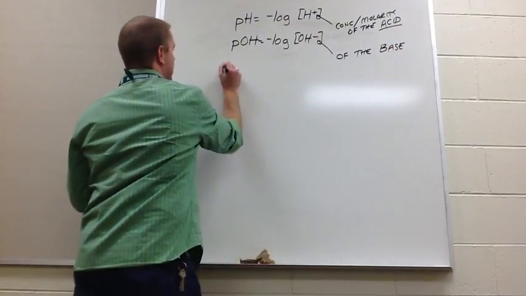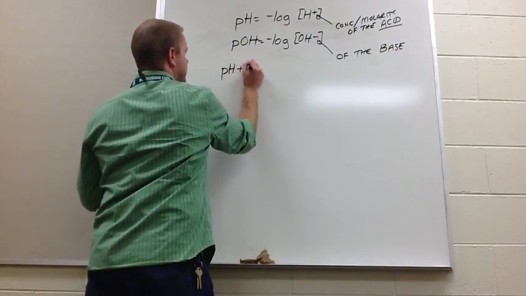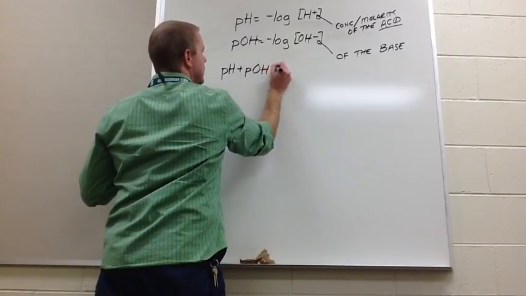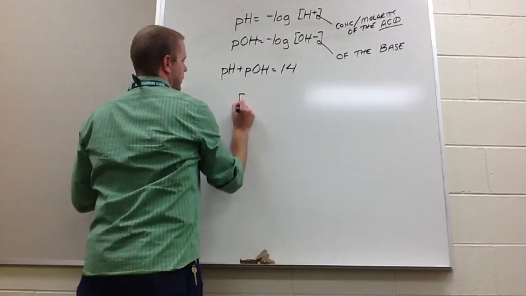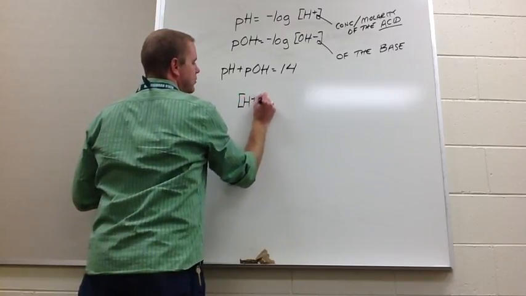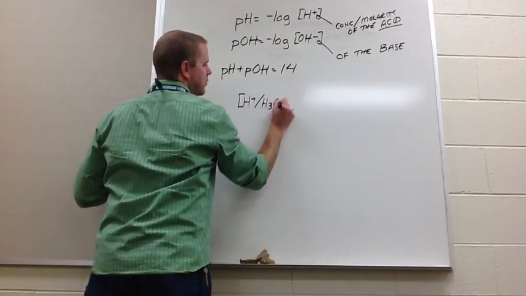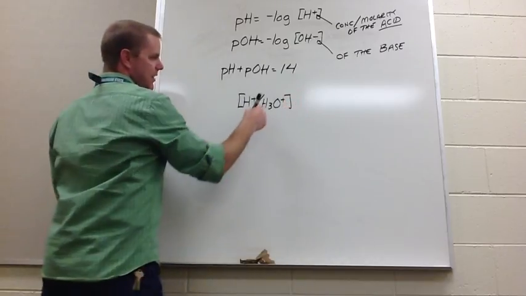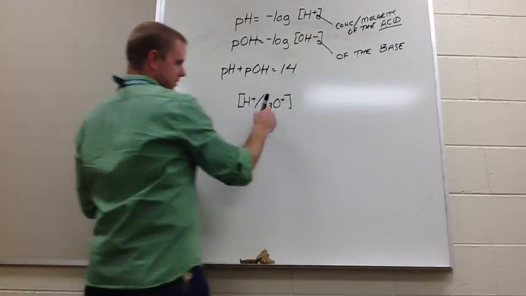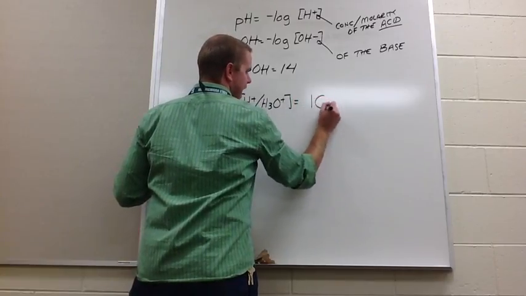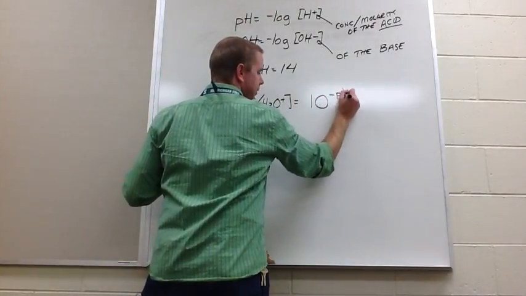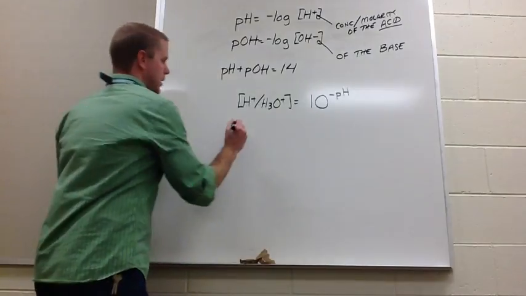Couple more. pH plus pOH equals 14. We want to just know the hydrogen H plus, or sometimes you'll see this referred to as the H3O plus. That's just water with an extra H on it. That's why these things are interchangeable. This is 10 to the negative pH.